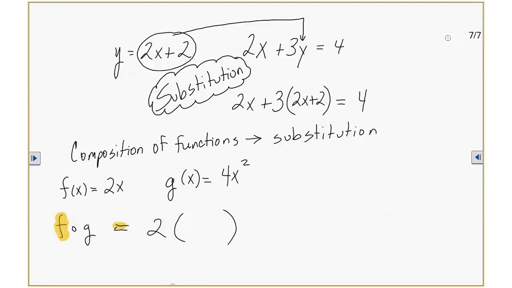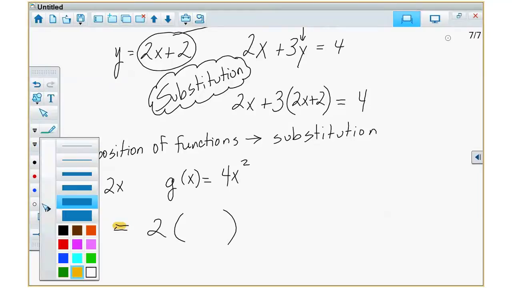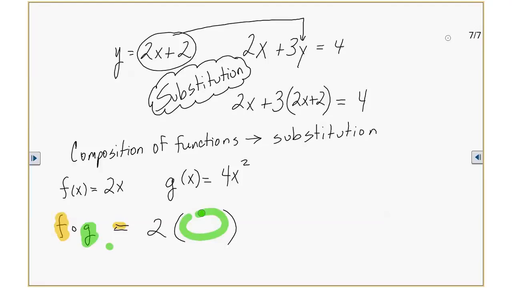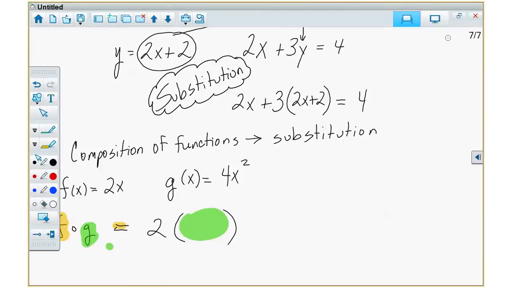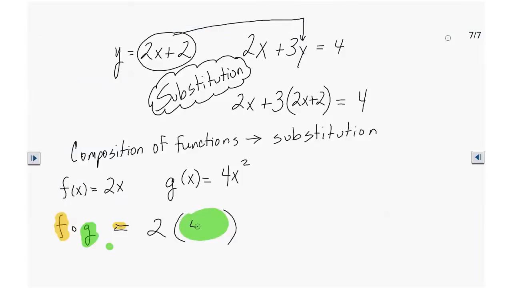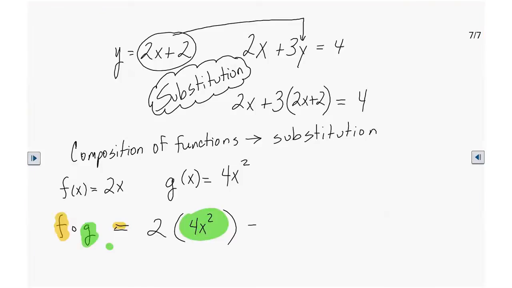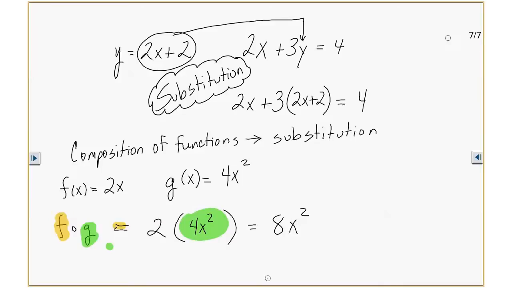And then this guy, we'll make him green, goes in here. So what is g? 4x squared. You're going to put 4x squared in there. And 2 times 4x squared is 8x squared. So f composed of g is equal to 8x squared.